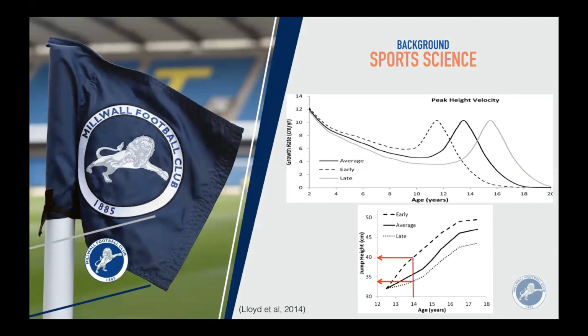The bottom graph shows that a late maturer might jump 6-7 centimeters lower than an early maturer, but does that necessarily mean he's a worse performer, or is it just due to the maturation status and biological age of that athlete at that time? These are discussions which go on in our multidisciplinary teams when we assess our athletes' performance and development over time every year.